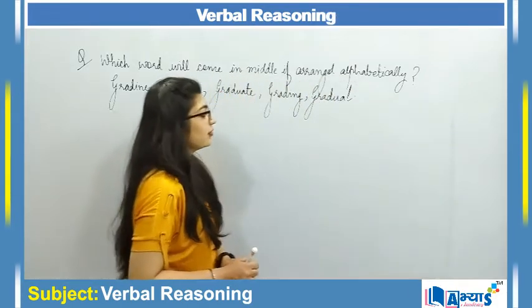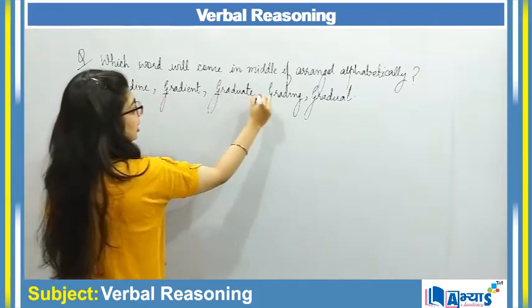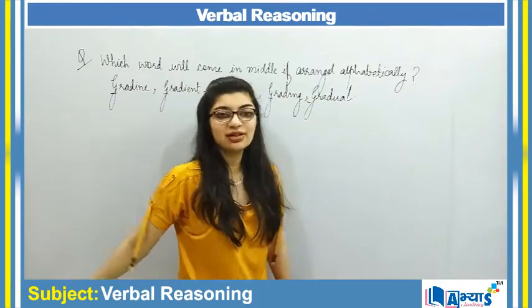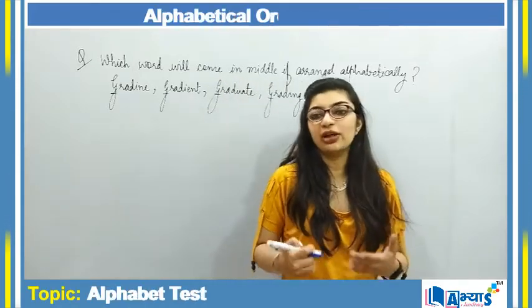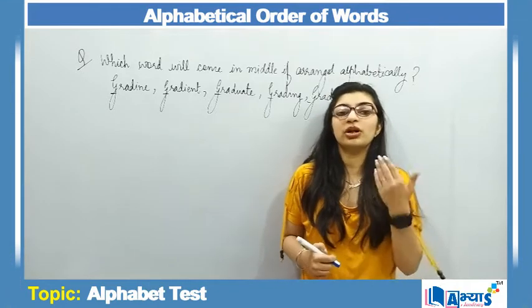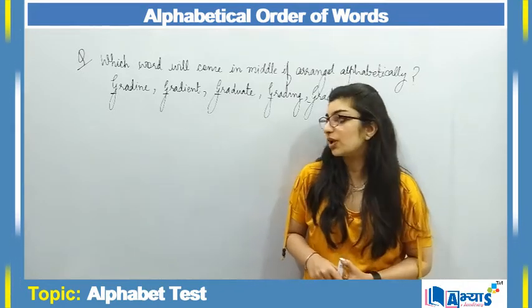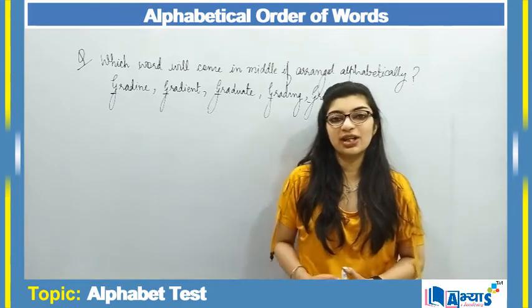Now when I consider the first letter of every word, I see that in all the 5 words the first letter is G. Now since the first letter is common, I cannot make up my mind which word to place first and which word will follow the previous word. So what I have to do is switch to the next letter.